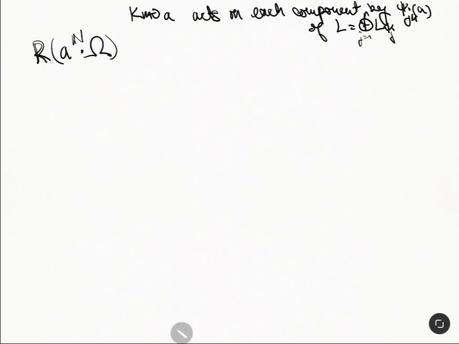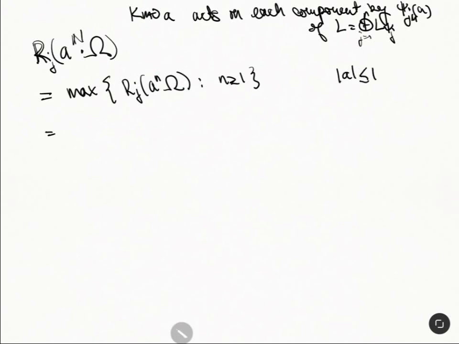Okay, let's do rj. This thing is equal to the maximum of rj of a to the n omega, n greater than or equal to 1. And for the absolute value of a less than or equal to 1, this is equal to the absolute value of a times rj of omega.